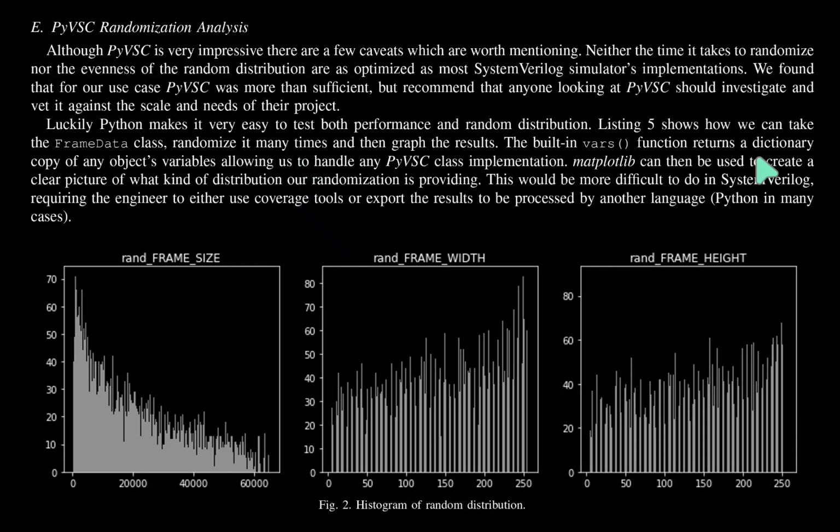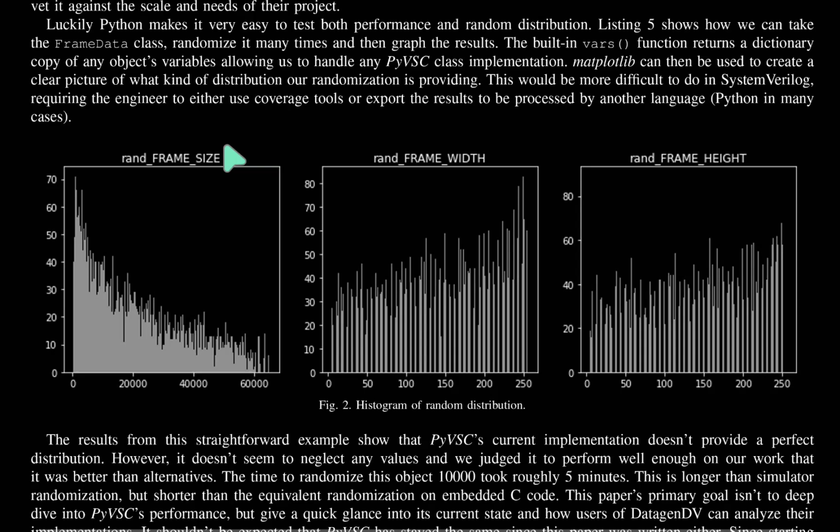MATLAB can be used to create a clear picture of what kind of distribution the randomization is providing. This would be more difficult to do in SystemVerilog, requiring an engineer to either use coverage tools to export results to be processed by another language, Python in many cases.